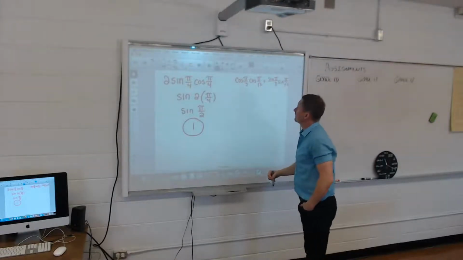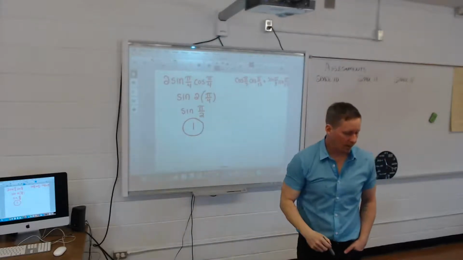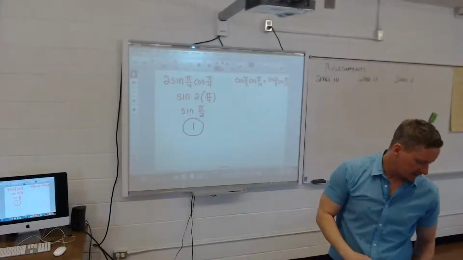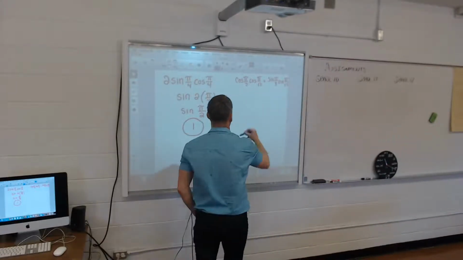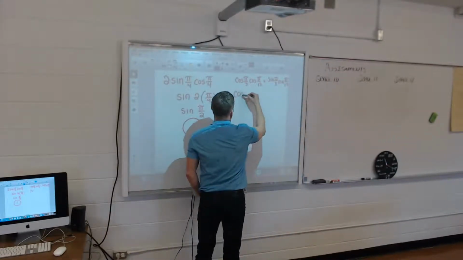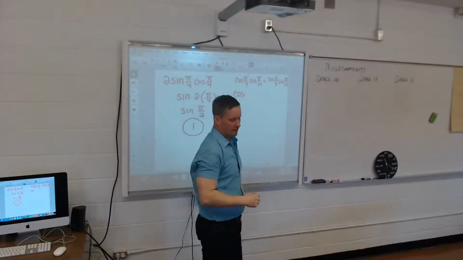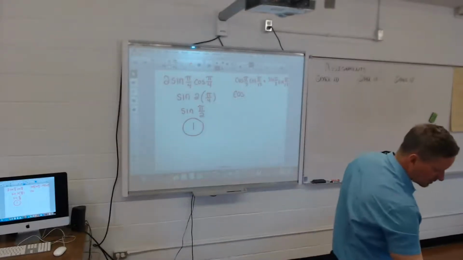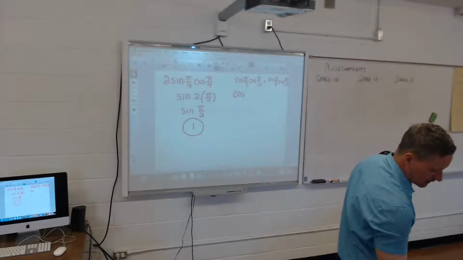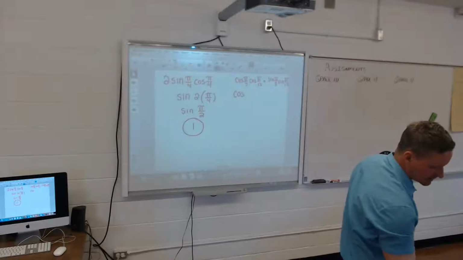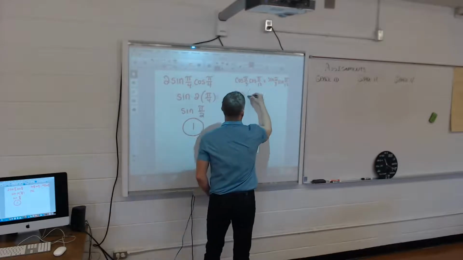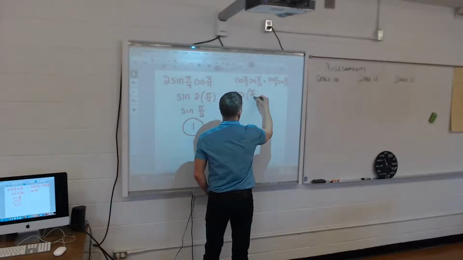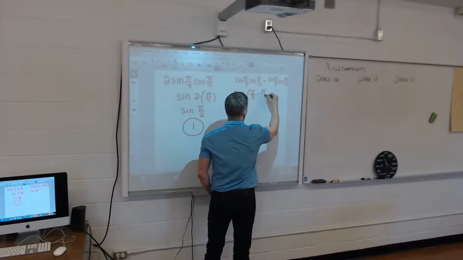So which one of my trig identities is cos cos plus sine sine? That's the same as cos of alpha minus beta, which is pi over 3 subtract pi over 12.